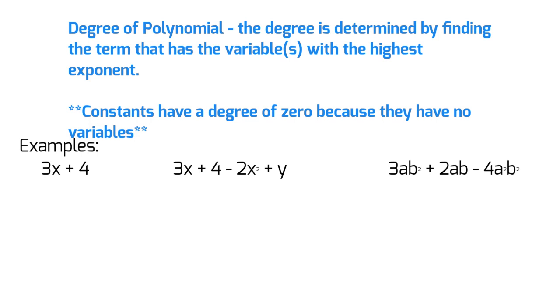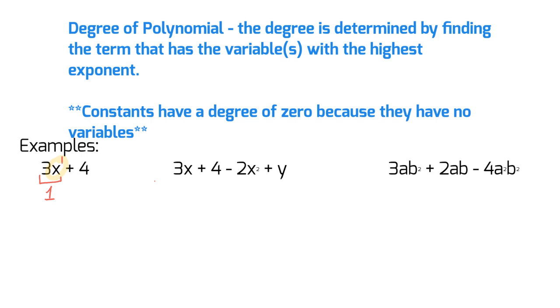In the first example, I have a binomial, 2 terms. In the first term, I have a variable that doesn't have an exponent. We should know that because we don't see an exponent, it doesn't mean it's not there. This has an exponent of 1, right? 1x. So therefore, the degree of this term is 1.